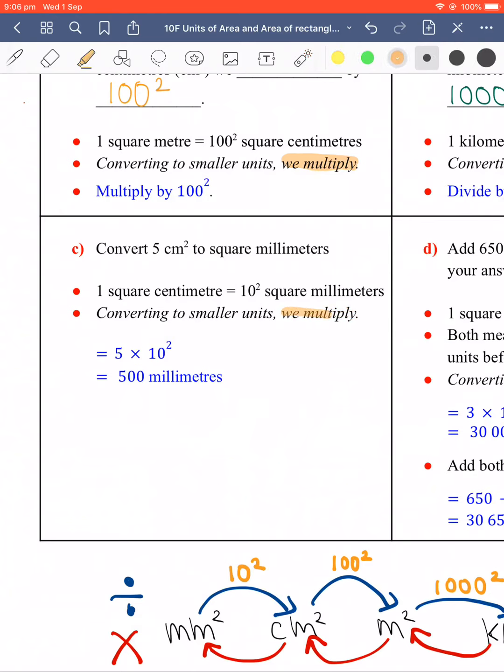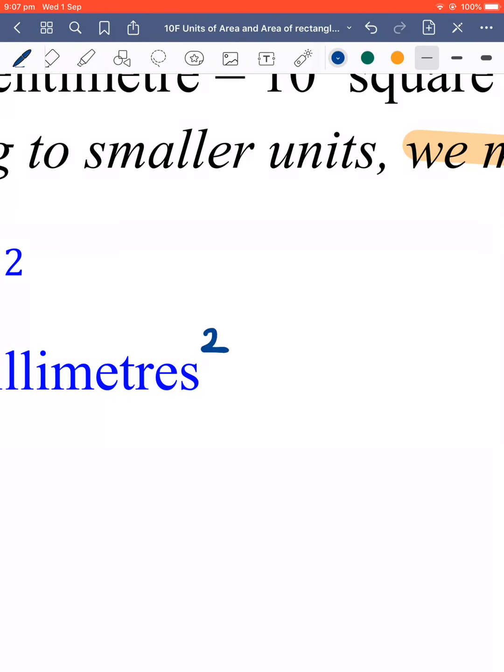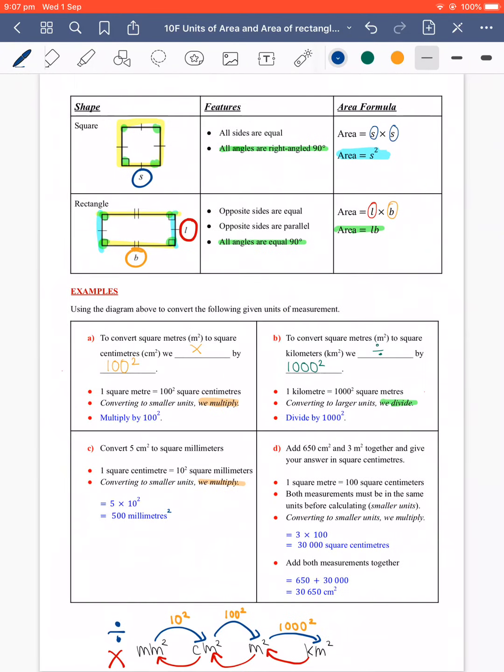As you can see here, we have that number 5, and then we multiply by our factor, which was 10 to the 2, and that gives me my square millimeters. Let's just add a little number 2 on there, just to make sure that we write our units correctly. So we have 500 millimeters squared.